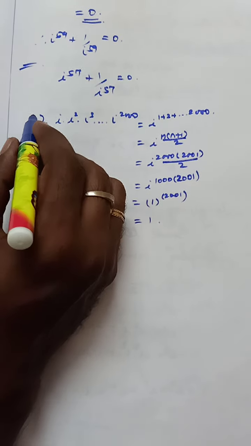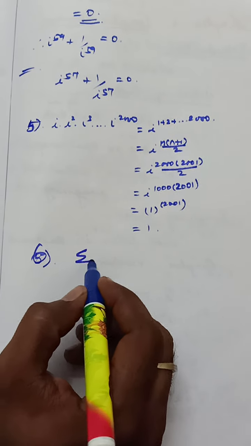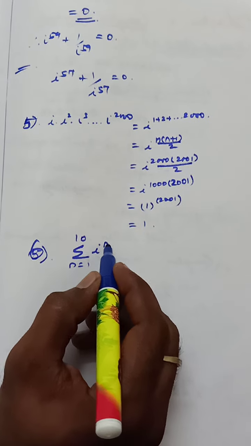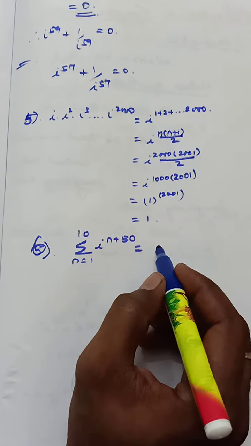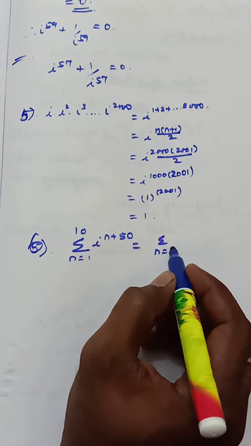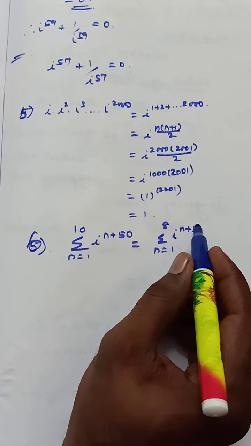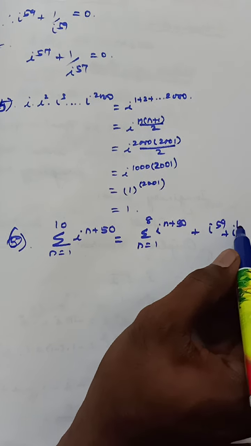This is question number 5, and here question number 6. Sigma n equal to 1 to 10 i power n plus 50 can be written as sigma n equal to 1 to 8 i power n plus 50 plus i power 59 plus i power 60.